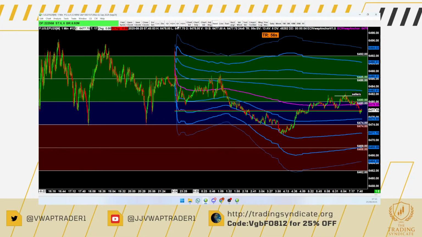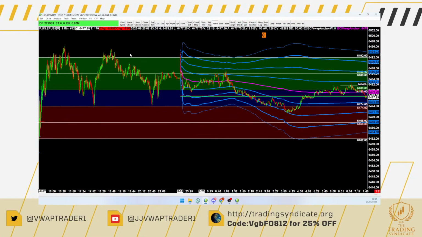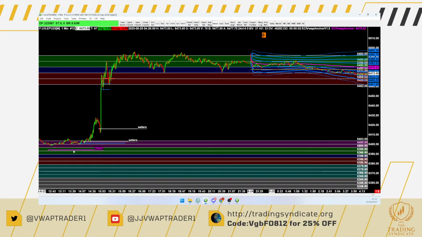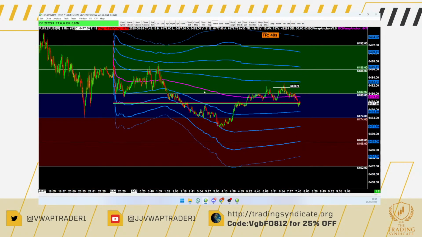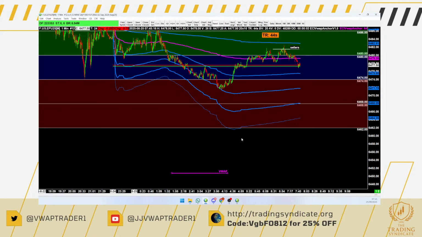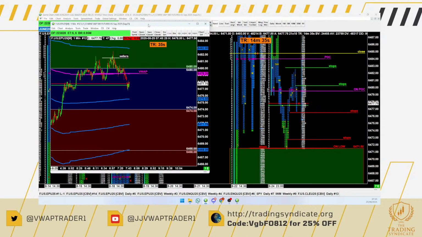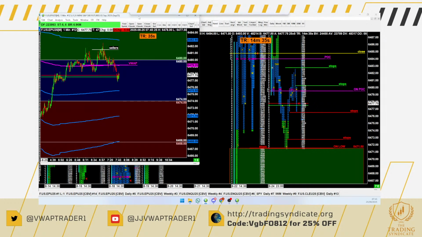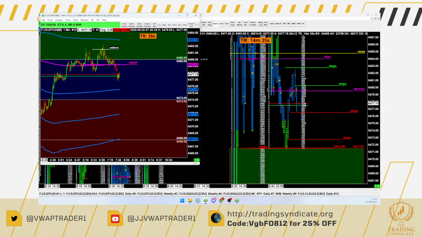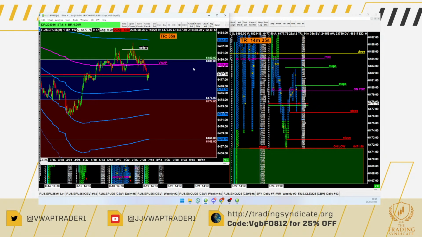So the market reacted very quickly to that, and it's going to take some time for them to figure out what happens. So we have shorts that are trapped under 71.